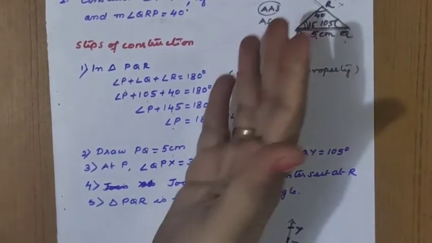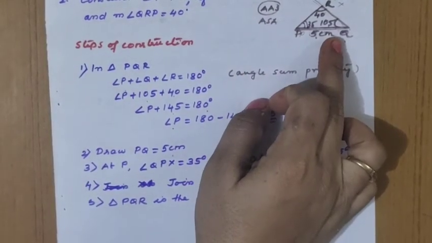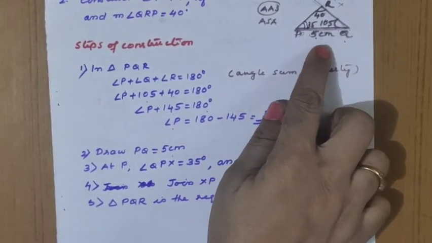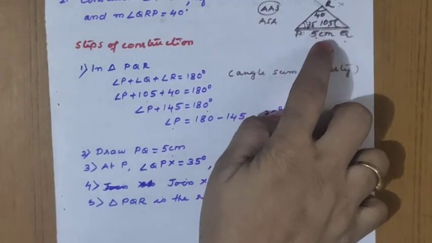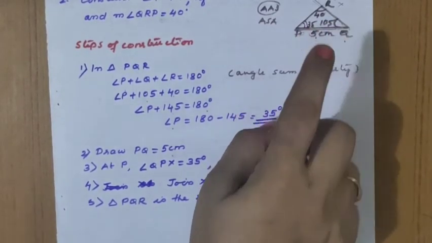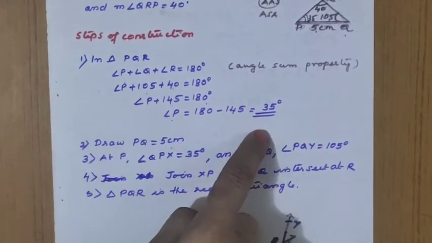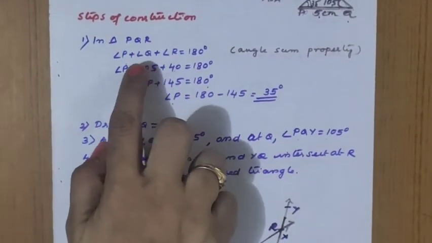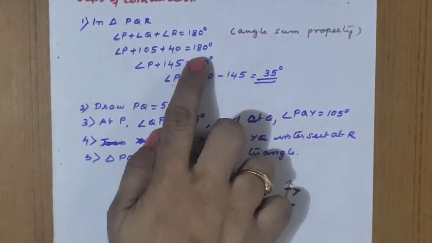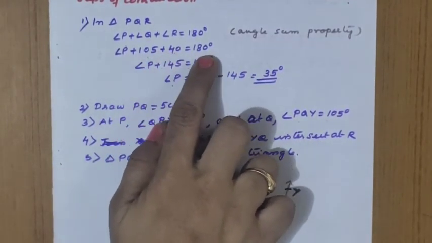Construct a triangle PQR, PQ 5 cm, angle Q 105, angle QRP equal to 40 degrees. So a rough diagram is the first step. So 40 and 105 we have marked, but with this we cannot construct the triangle. So we are calculating the third angle by angle sum property. In triangle PQR, angle P plus Q plus R equal to 180, angle P plus 105 plus 40 equal to 180 degrees.